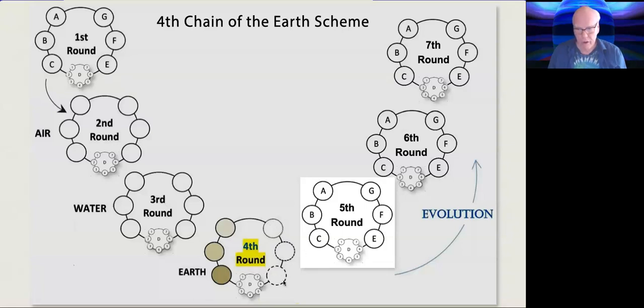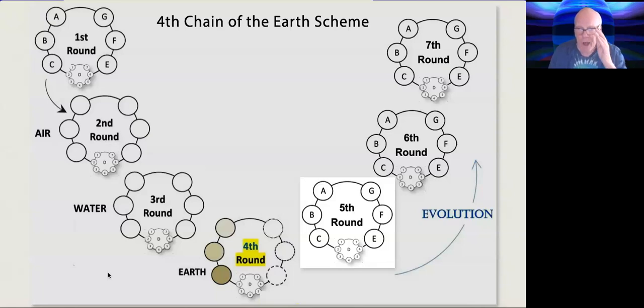In other words, we still have to go through globes 5, 6, and 7, each with 7 root races, right, before we even begin the 5th round. And it sounds like it's right around the corner, by the time the 5th round is reached, but it's in fact eons of time away.